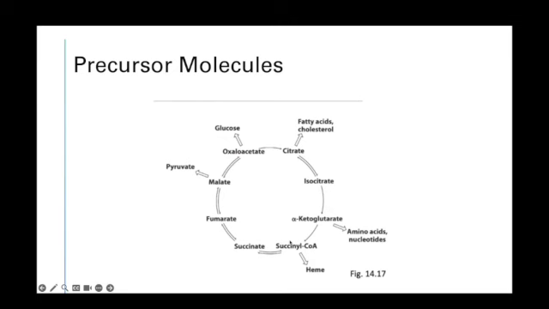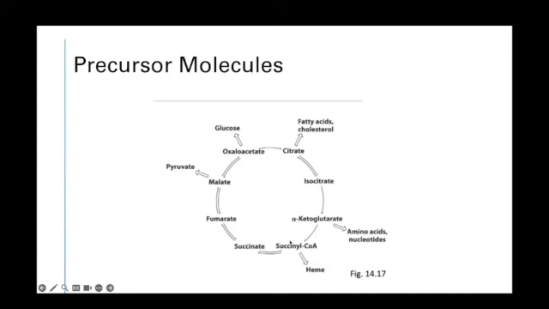Citrate can be used for fatty acids and cholesterol. Malate can be converted into pyruvate. Oxaloacetate can be used with pyruvate to make glucose. Succinyl-CoA is important for the heme group. So lots of these molecules can be utilized in other ways.